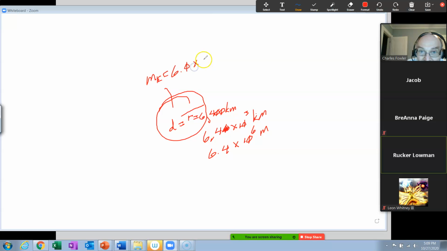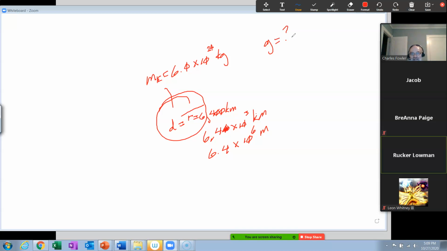Wow, talk about a big number. What is the acceleration due to gravity g near the surface of the Earth? So what we're looking for is g. Now we know what it's supposed to be. Let's see what we calculate it to be.